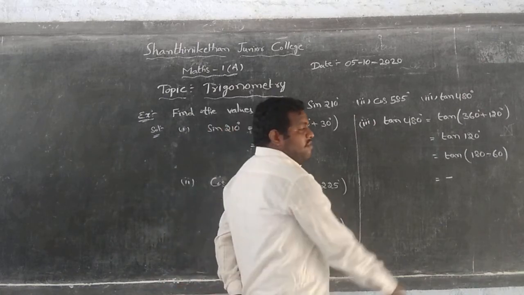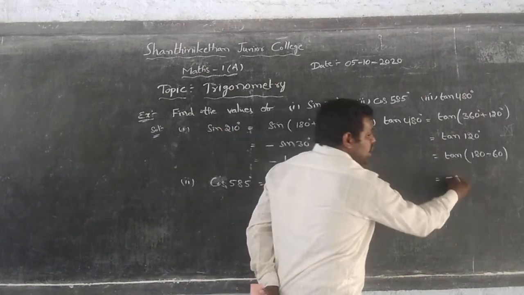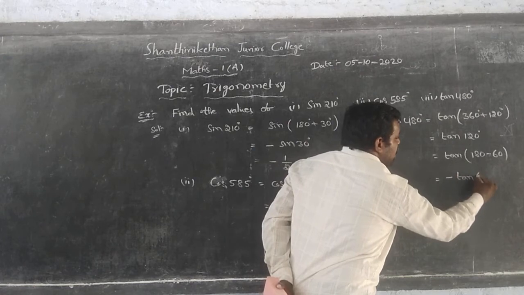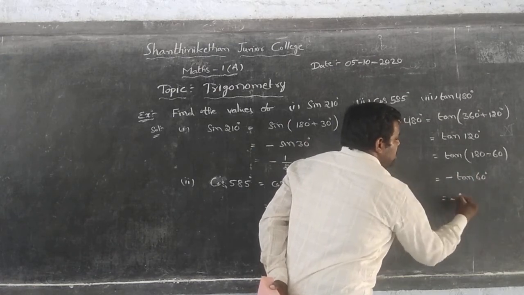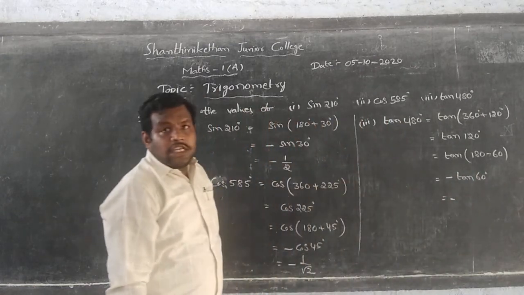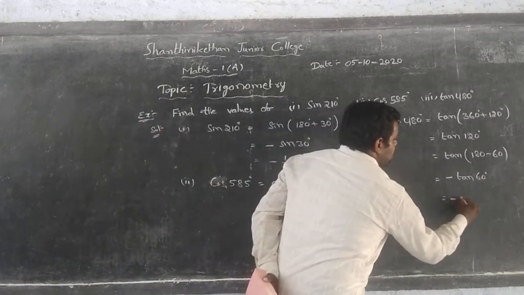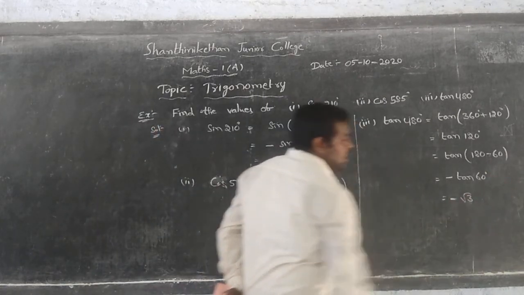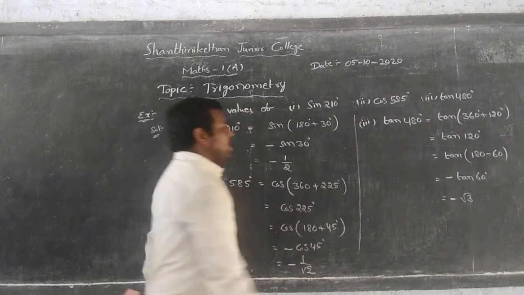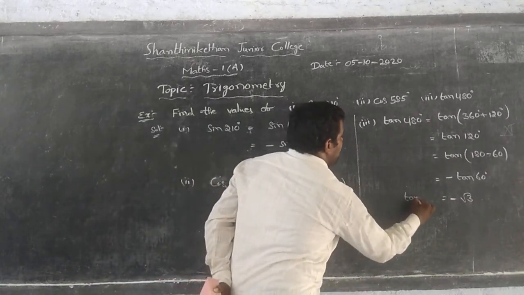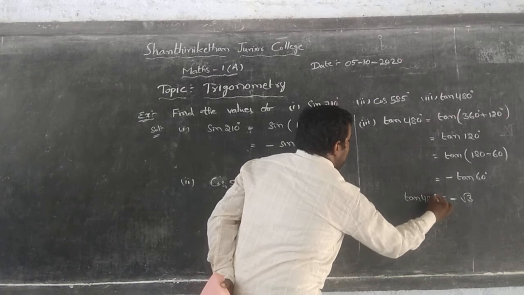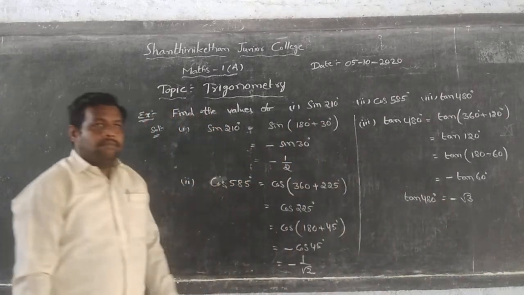If the angle is an even multiple, the ratios will not change. Tan 60, we know the value of tan 60 degrees. What is the value of tan 60? Tan 60 value is root 3. So finally, tan 480 degrees value is minus root 3.